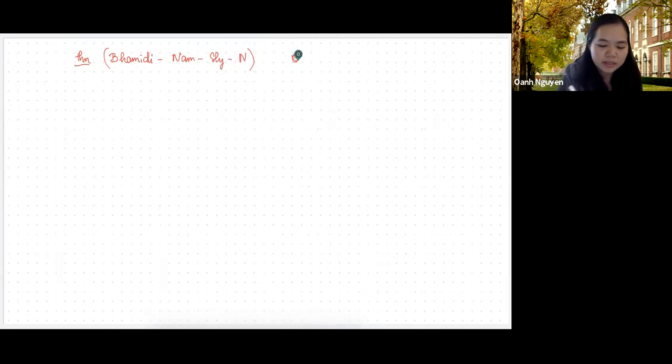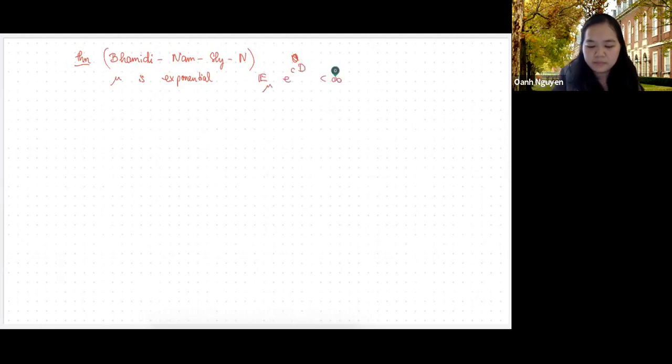In case mu is exponential, again, it means that the expectation of e to the CD is less than infinity, where D is distributed according to mu, for some C larger than 0.